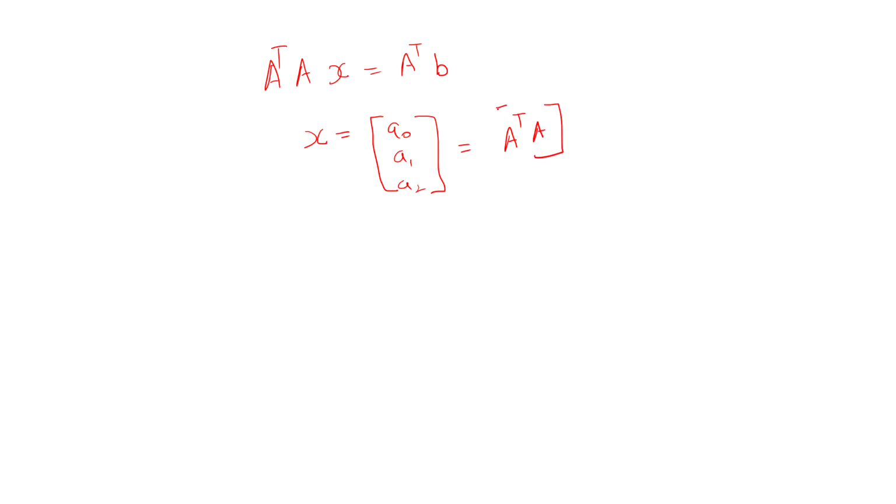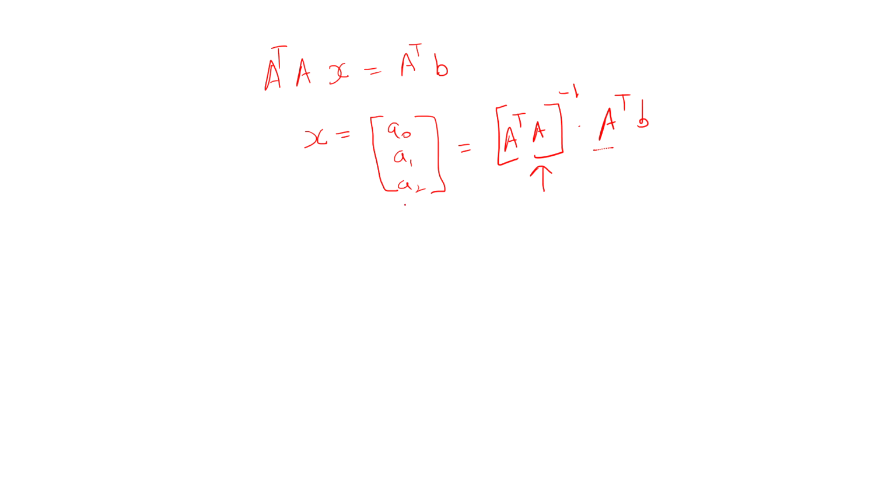So I have this A transpose A times X is equal to A transpose B. Then I can find out X, which is vector a0, a1, a2, as A transpose A inverse times A transpose B. And this is an easily solvable system. So here we will find out the inverse of this matrix, then we will multiply it with A transpose B.